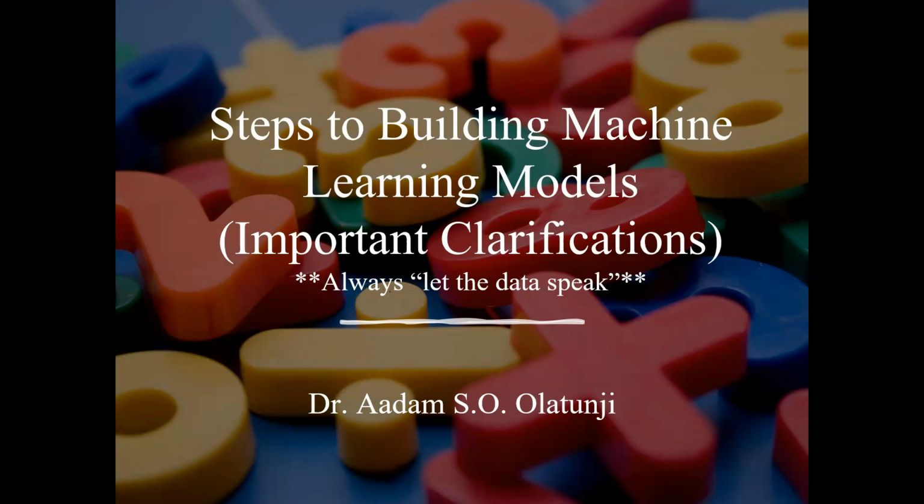Some ignore steps, some go to the extreme of spending so much time on some steps rather than going forward and letting the iterative process take its place. So we are going to give some of this clarification that hopefully is going to be beneficial for all as we try to benefit ourselves with the modeling of our different systems using machine learning algorithms.